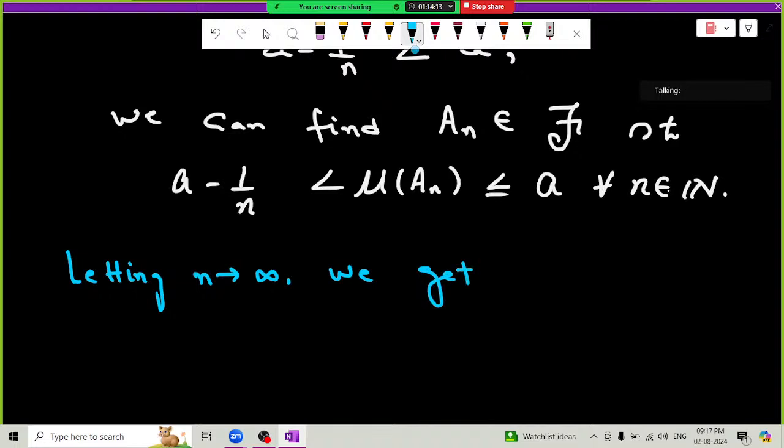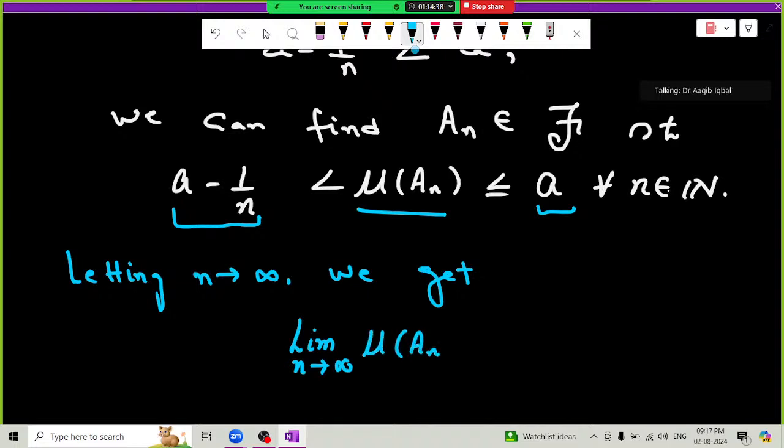When n goes to infinity, this will go to a. This is free of n, so it will remain A. So by squeeze principle, this will go to A as n goes to infinity. So basically we get limit n goes to infinity mu of an is equal to A.